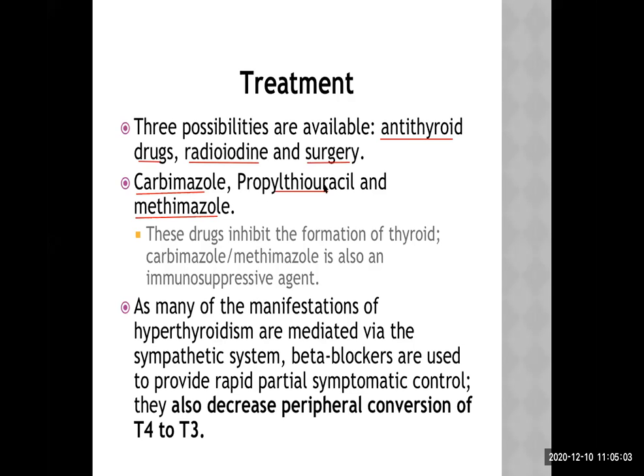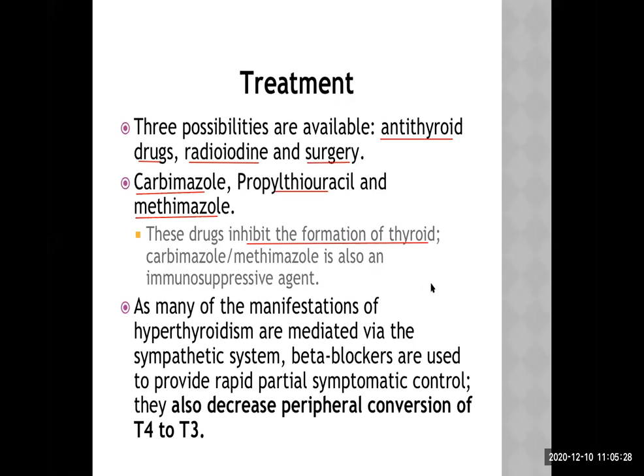PTU, propylthiouracil. Now, these drugs inhibit the formation of thyroid hormone, and carbimazole and methimazole have some important adverse effects. They cause neutropenia, so they make the patient slightly immunocompromised.